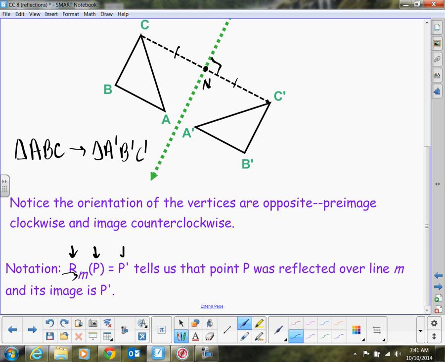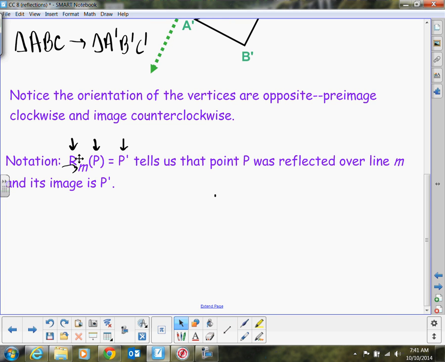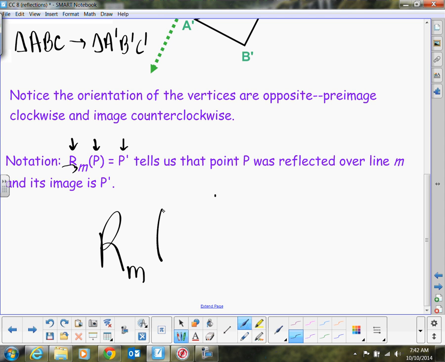So that is the image, that is the pre-image, it is a reflection, and it is over line M. That's real important that you understand that notation. I'll make it bigger. We've got R, this is my reflection line, this is my pre-image, and it maps onto P prime. So we reflected P over line M and got P prime.